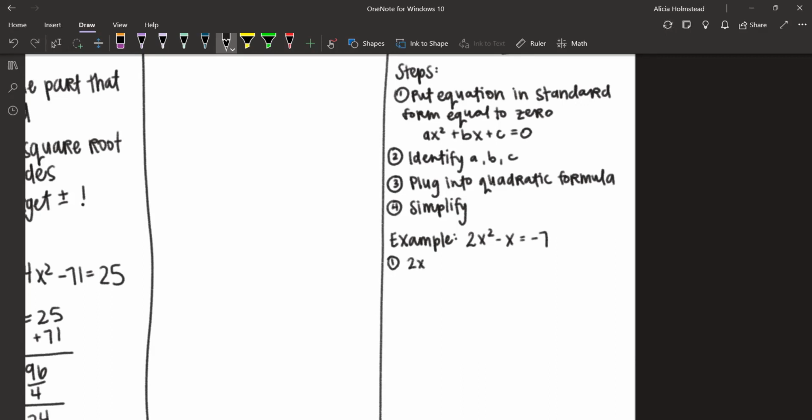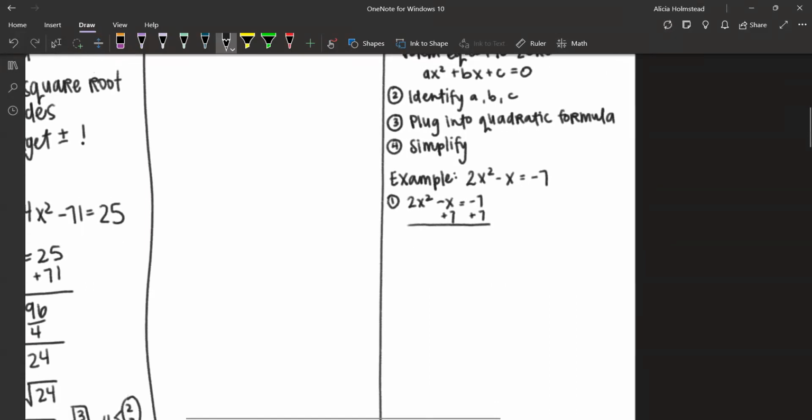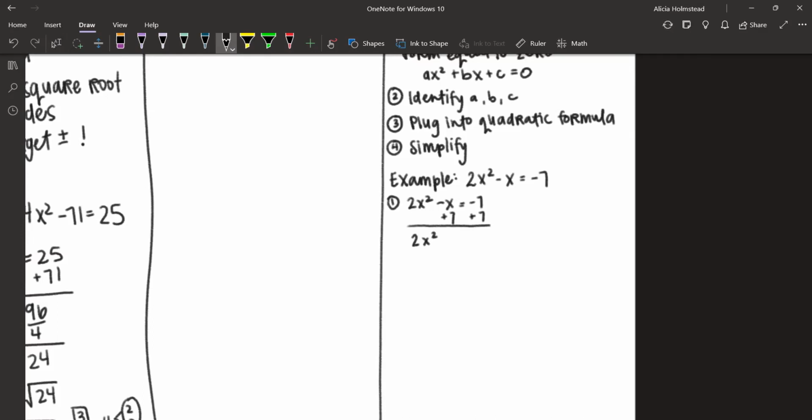So we'll want to take our equation, and since it's not equal to 0, we'll need to add 7 to both sides. When we rewrite our equation, we'll need the thing that's squared first, the thing that's not squared second, and the constant last equal to 0.